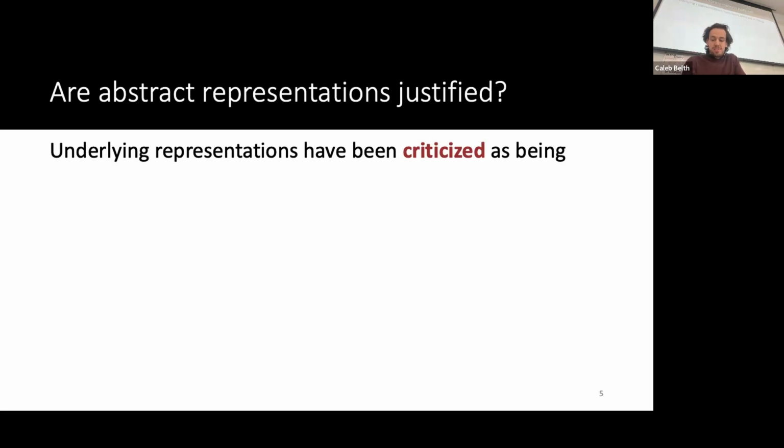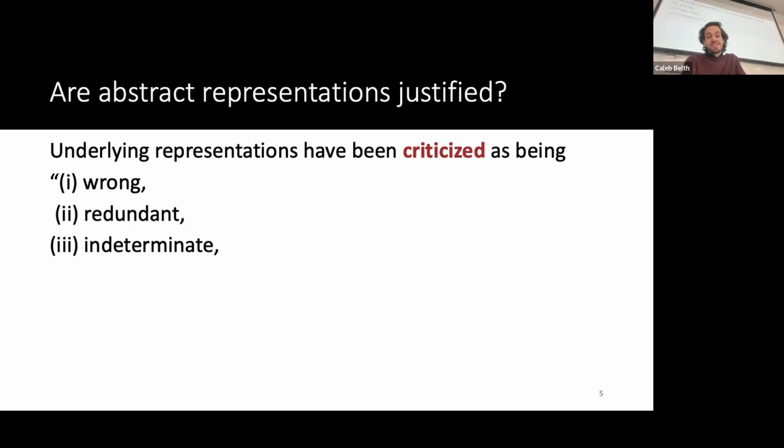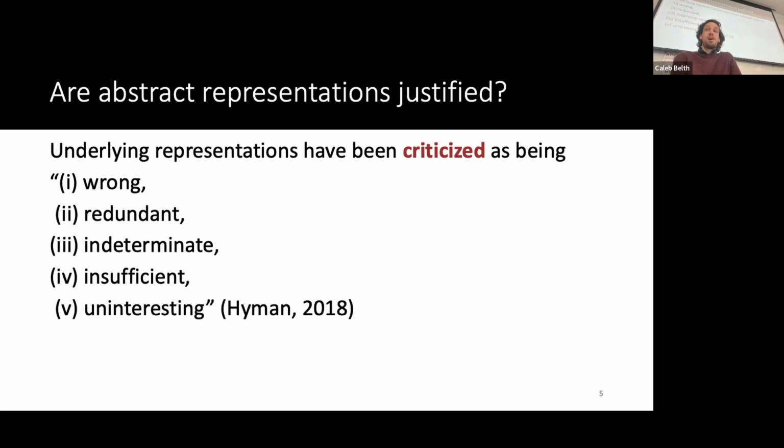And I'll summarize some criticisms of underlying representations as being wrong, redundant, indeterminate, insufficient, or uninteresting, as summarized by Larry Hyman in a 2018 article. Interestingly here, Hyman is not arguing against underlying representations. He's arguing in favor of them in this article, but is trying to do justice to the arguments against them, summarizing them in these ways.